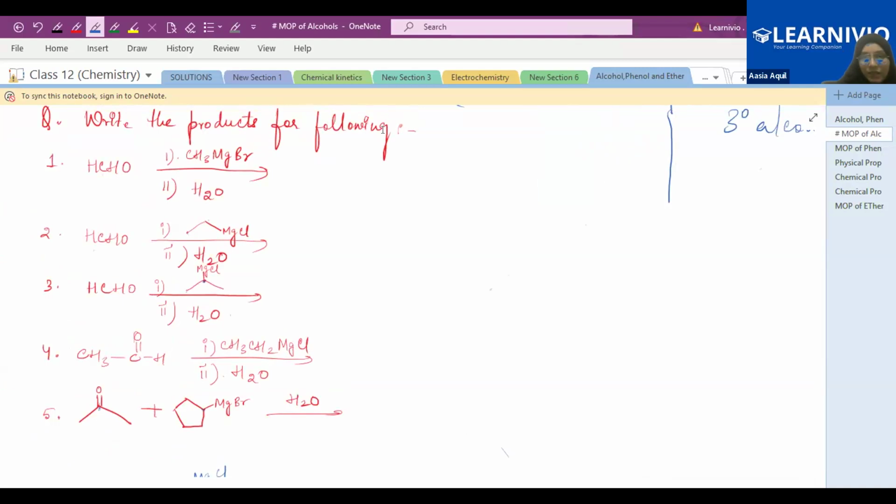So in the first case, the R group, alkyl group, is a CH3, right? So just attach the CH3 group to the carbon of the formaldehyde. Same mechanism, step by step. If you follow the step by step rule, it will be very clear and you will get the proper correct answer, right? So just follow the step by step mechanism.